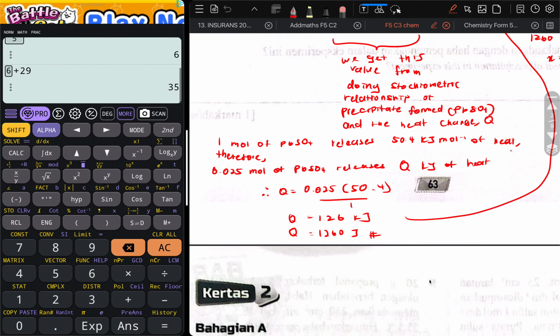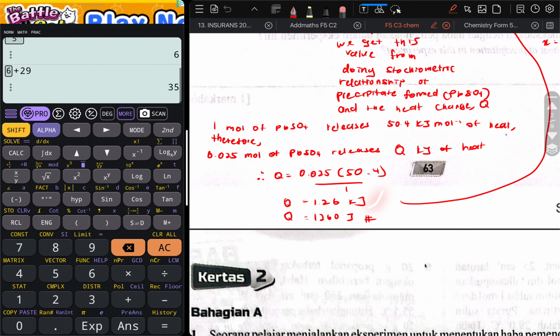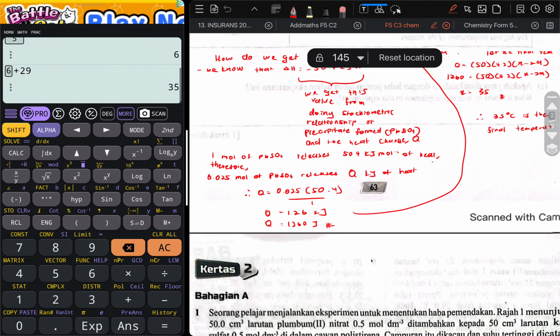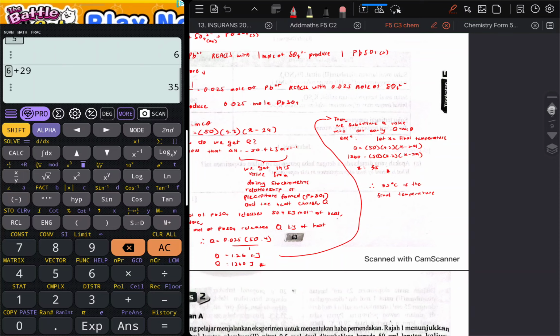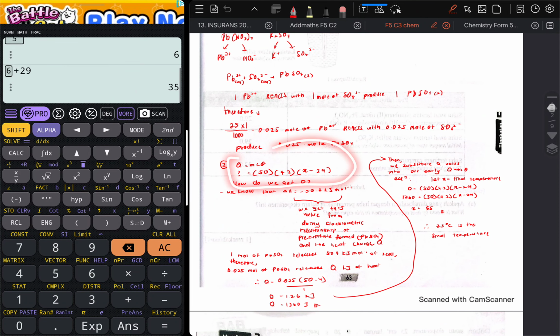So Q is equal to 0.025 times 50.4, which gives you 1.26 kilojoules. But remember, first change into joules, and then you have the value of Q that you will use later. Then you substitute the Q value into the earlier equation.